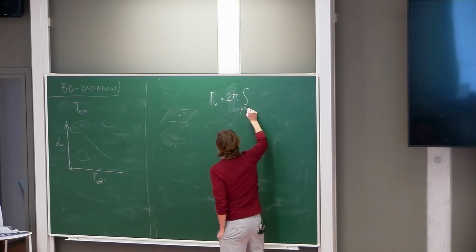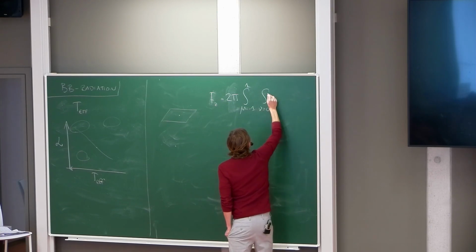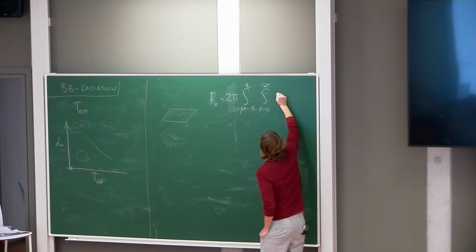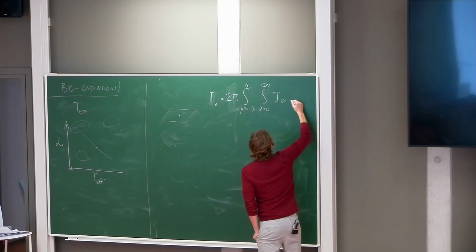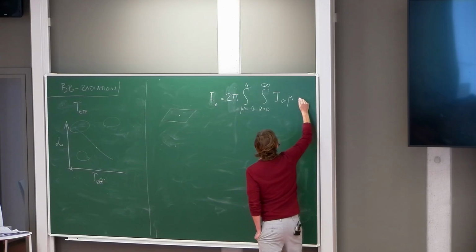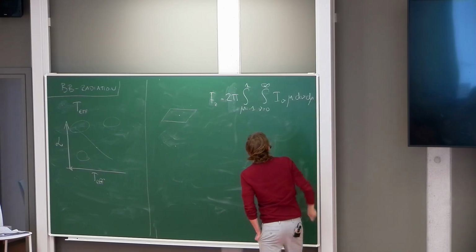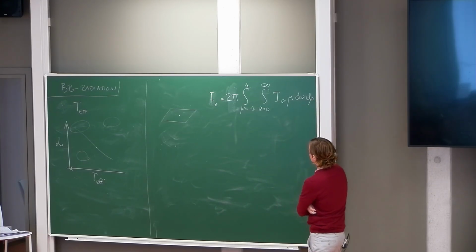And then it's mu from -1 to 1, nu from 0 to infinity, specific intensity I nu, and then you have mu d nu d mu. The other way around. Okay.